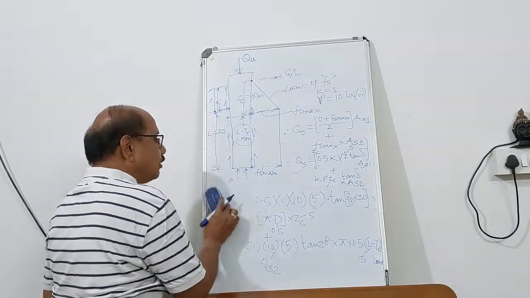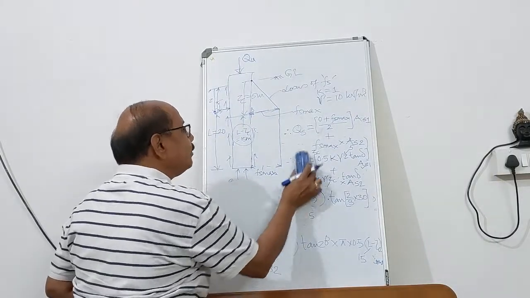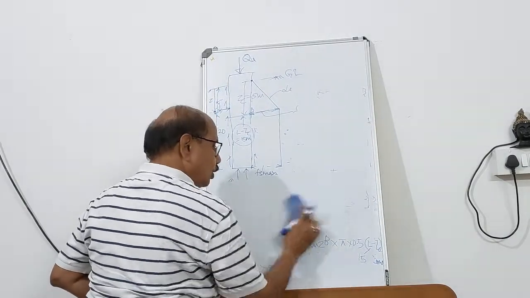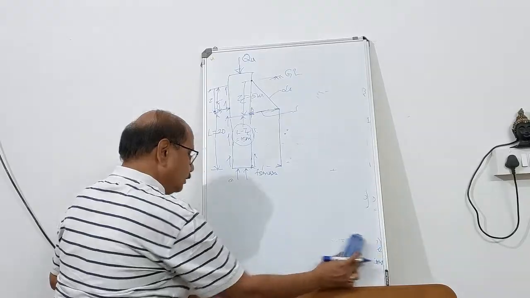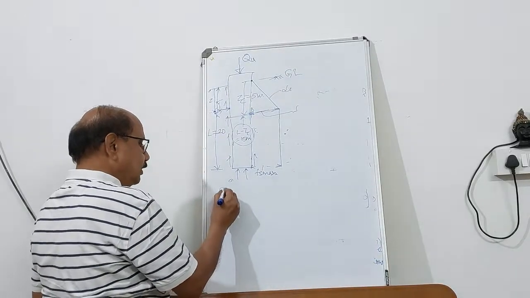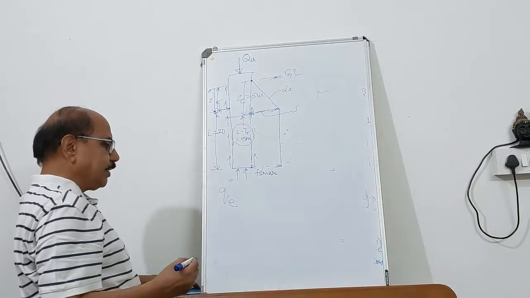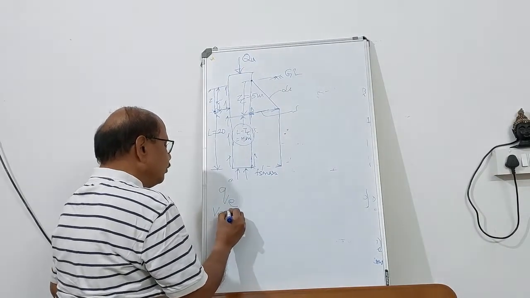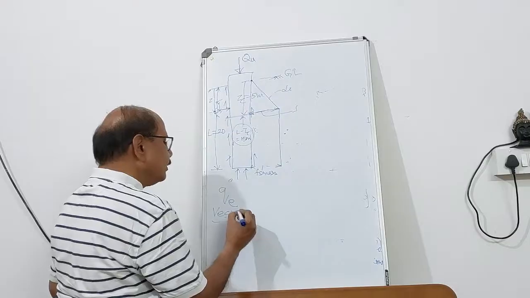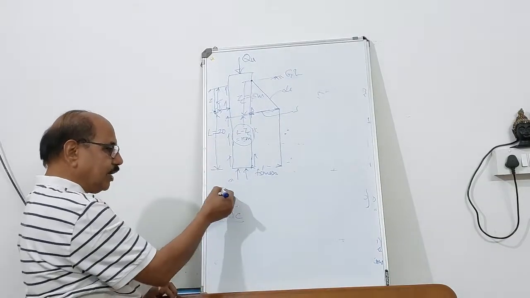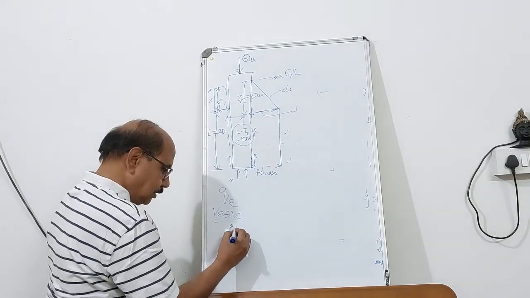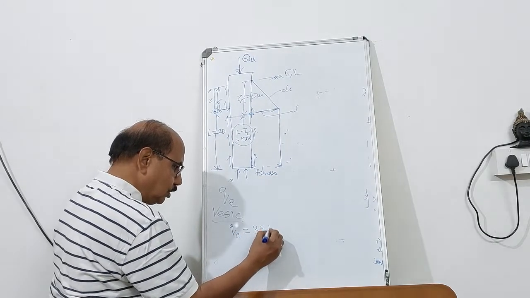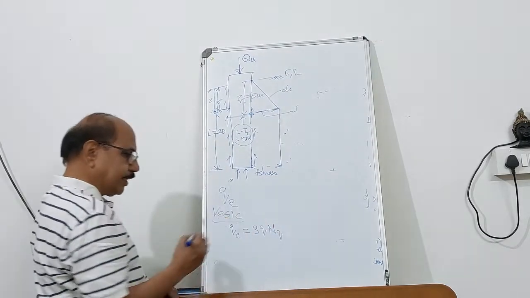Now, how to calculate the unit end bearing? In order to calculate the unit end bearing, you have a formula given by Vesic in his research paper. He gave the value of QE. So QE equal to 3 times Q and NQ. This is the expression.